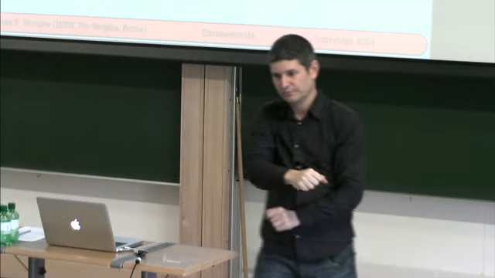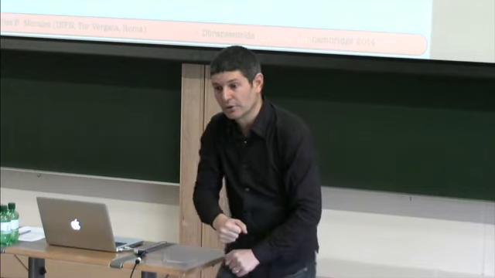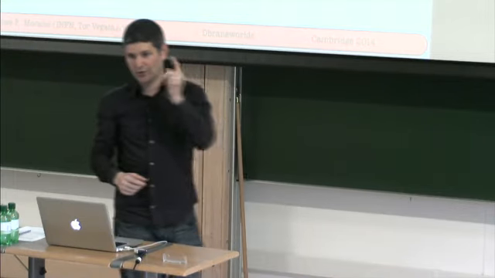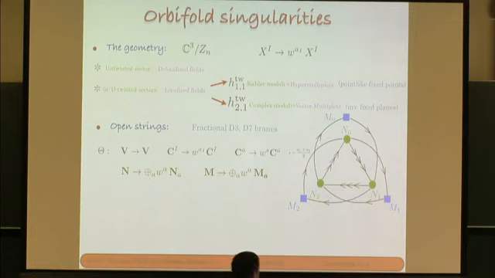You can move a group of 3, not only one. You can move in groups of 3. For example, if this is 1, 1, 4, you can move 1 group of 3 out and leave 3 stuck at the singularity.